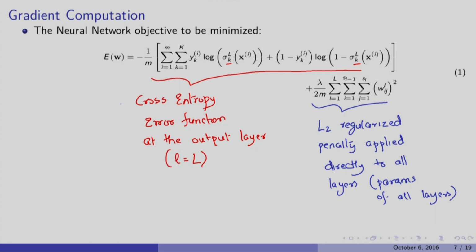Please note that the cross entropy function is indeed a function of all the intermediate layers, but only indirectly. So it will be more appropriate to say that the error E is a function of sigma k at the Lth layer, but sigma k(L) itself is a function of the sigma k prime at the (L minus 1)th layer, which itself is a function of all the sigma k double primes.